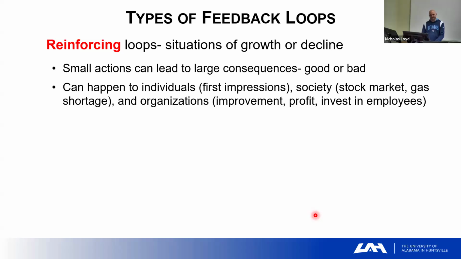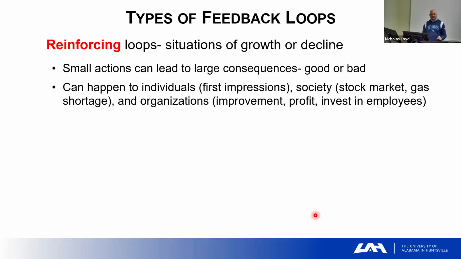So then there's a couple of different types of feedback loops that they introduce. One is the reinforcing loop, which means the goal of this loop is to continue to gain momentum, either growing or declining.